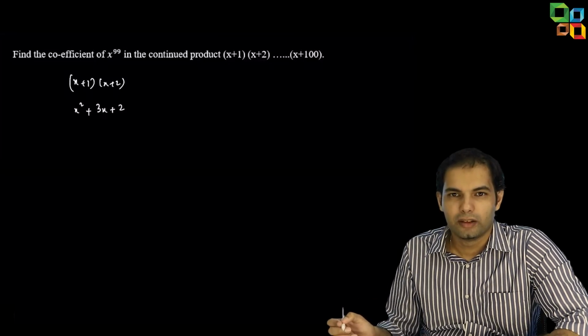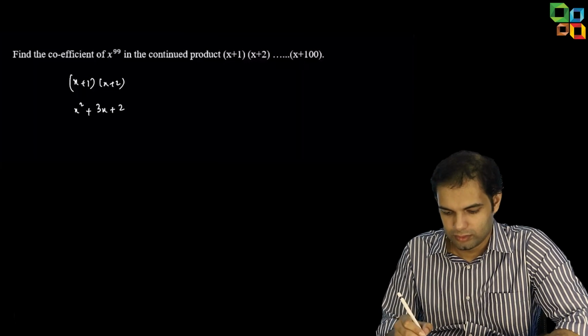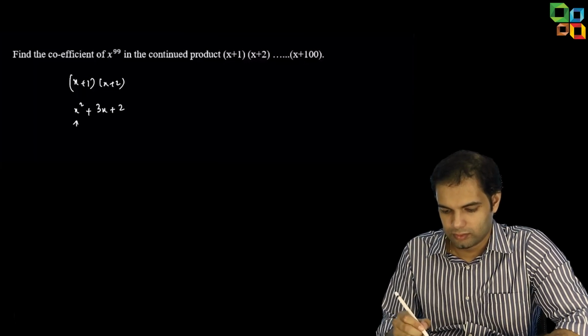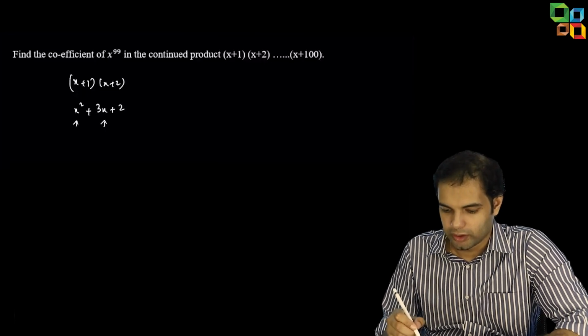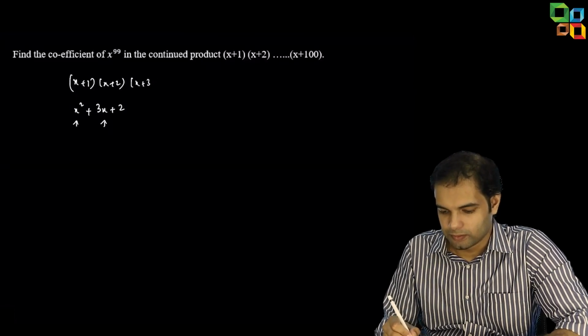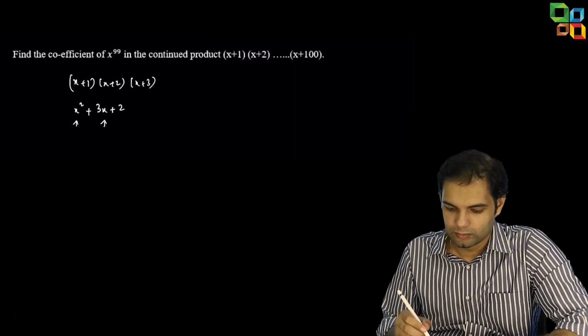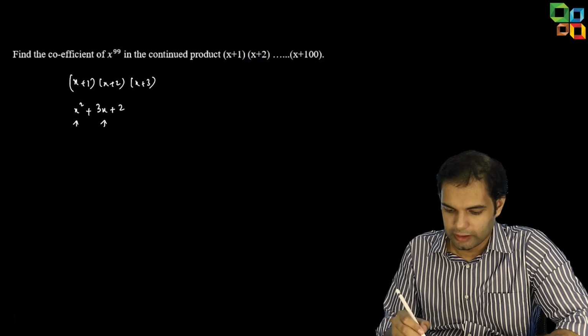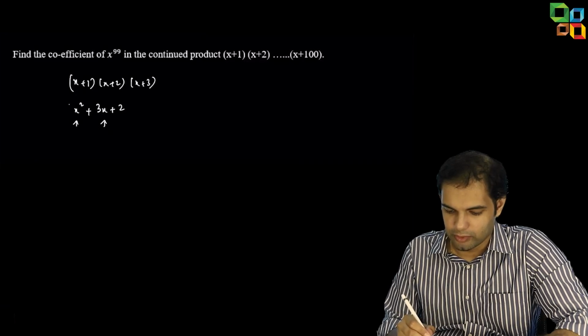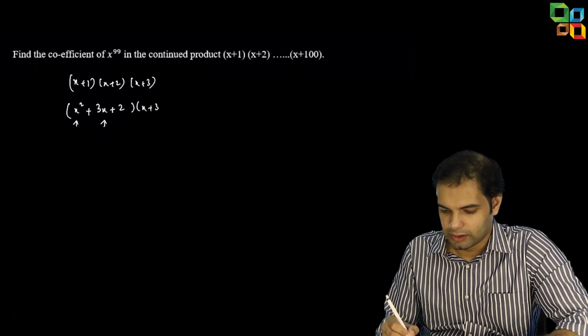Yeah. So here the highest degree is x power 100. So they're asking about x power 99. So I thought I'd notice some pattern. Did you multiply the next term also? Yeah, and then I saw the coefficient for x power 2. No, sir.